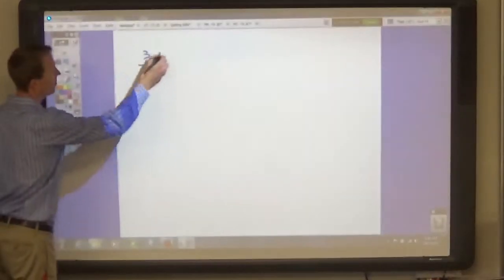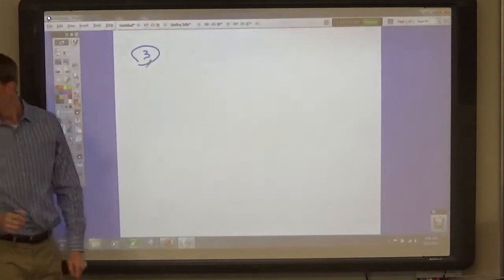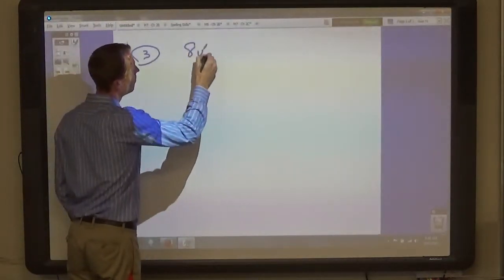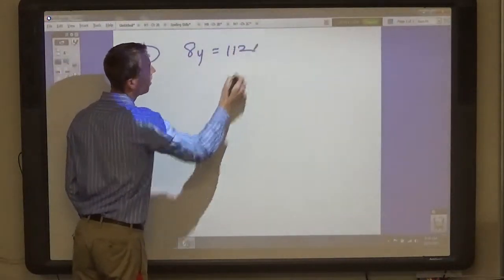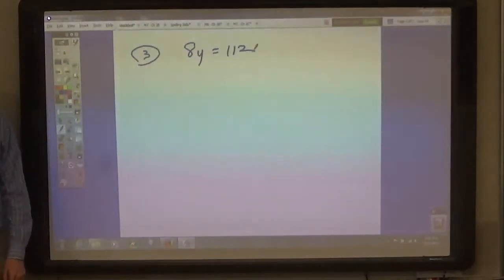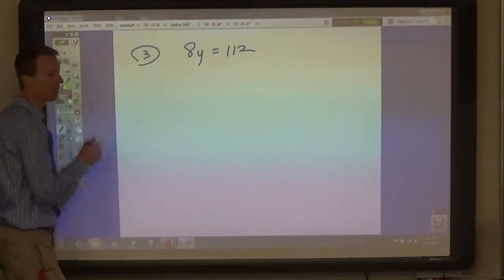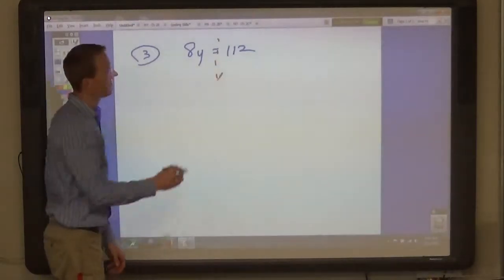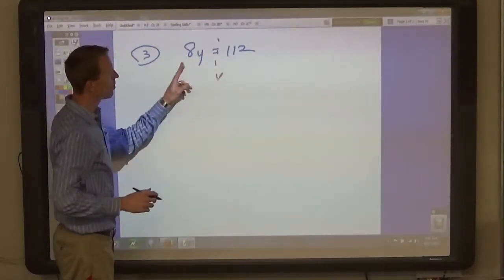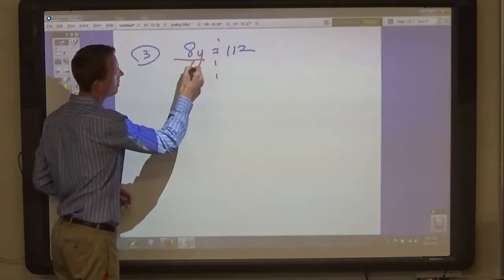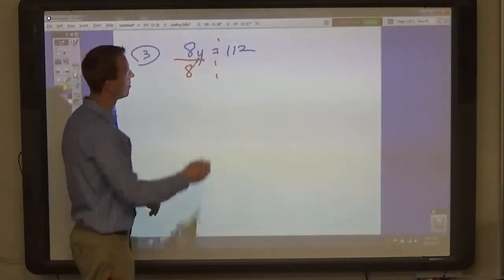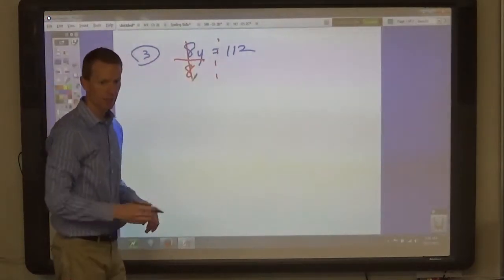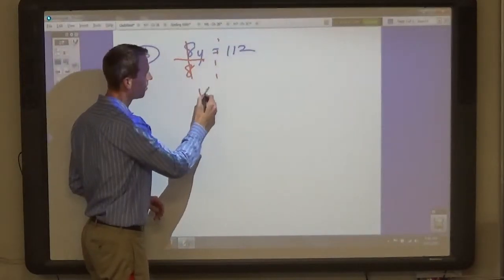Number 3. 8 times y equals 112. Follow the same process. Start on the side of the variable, divide it by 8, cross off the 8s, because that equals 1.